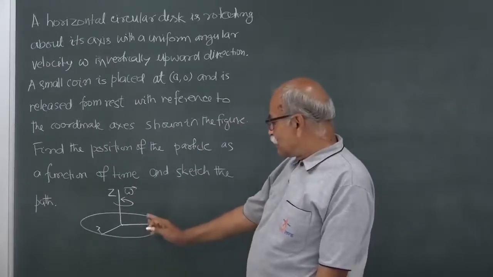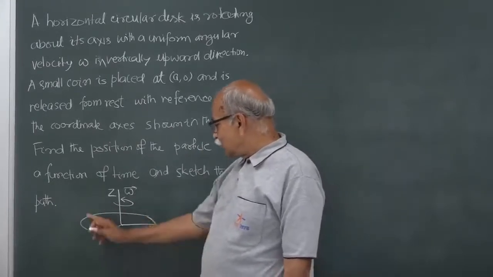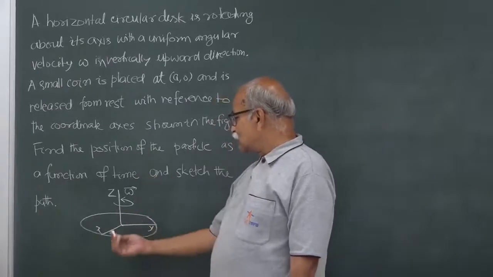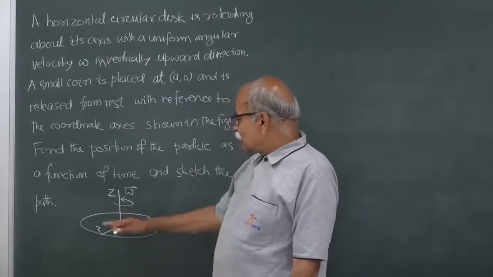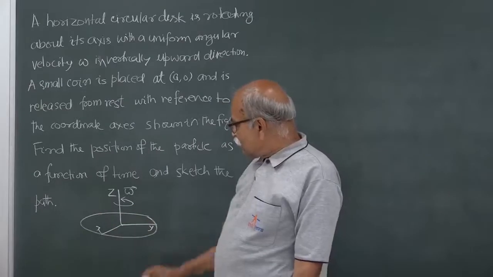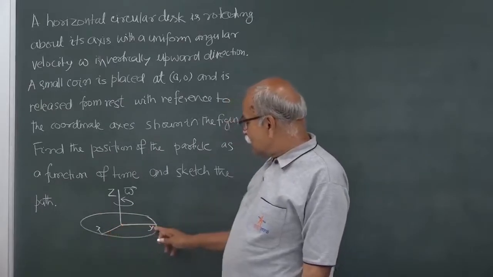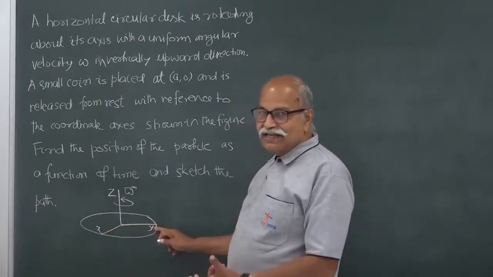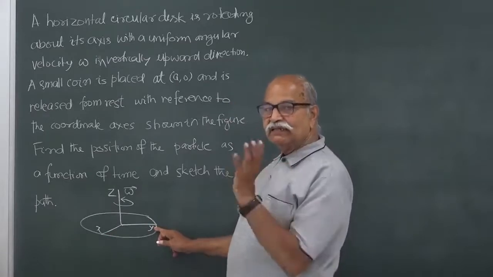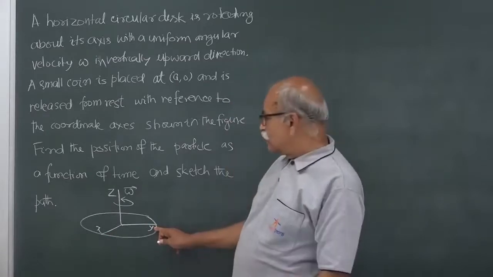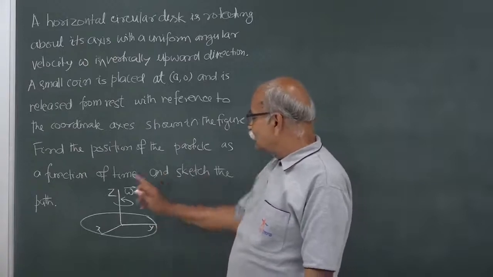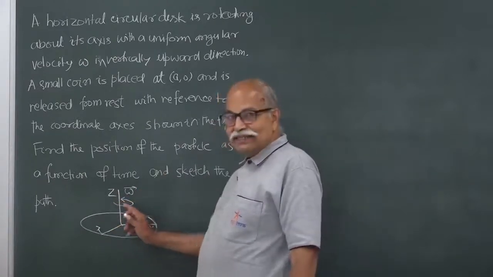So, here are the axes, you have this circular disc rotating about this vertical axis, the disc itself is horizontal and you have x axis and y axis fixed on the disc, and we have to solve everything from the disc frame. We have to sketch the path of the particle with reference to these axes only.